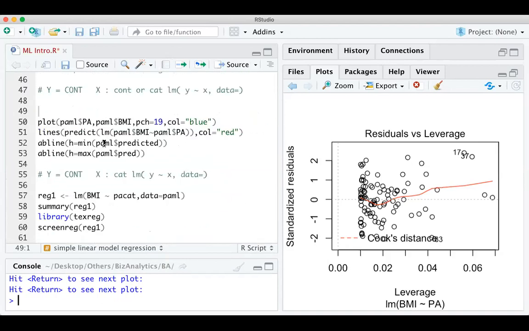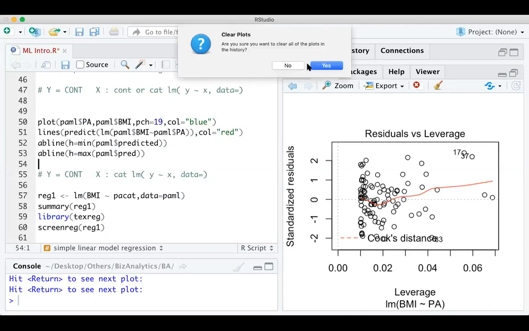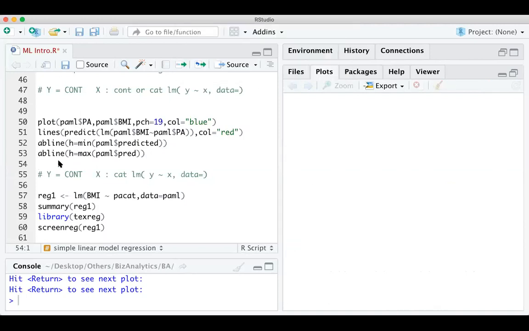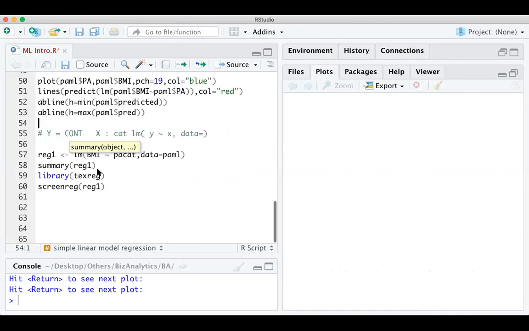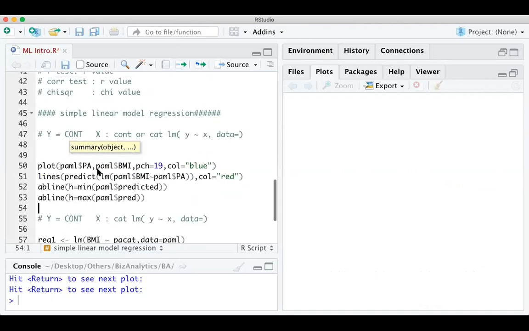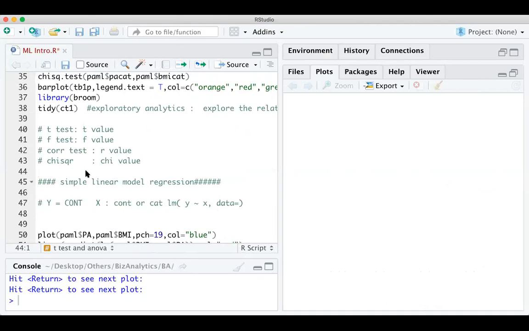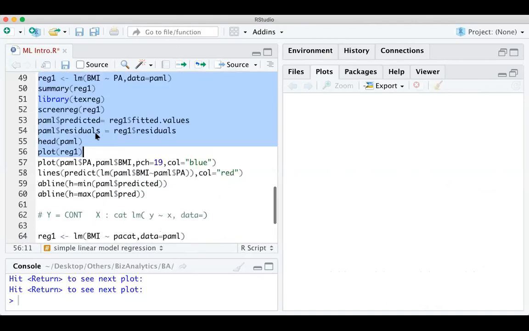Okay, let me write. I don't know, I might have missed out the thing. So what I call regression one. Okay, something is missing here, right? Yeah. I think I deleted this.